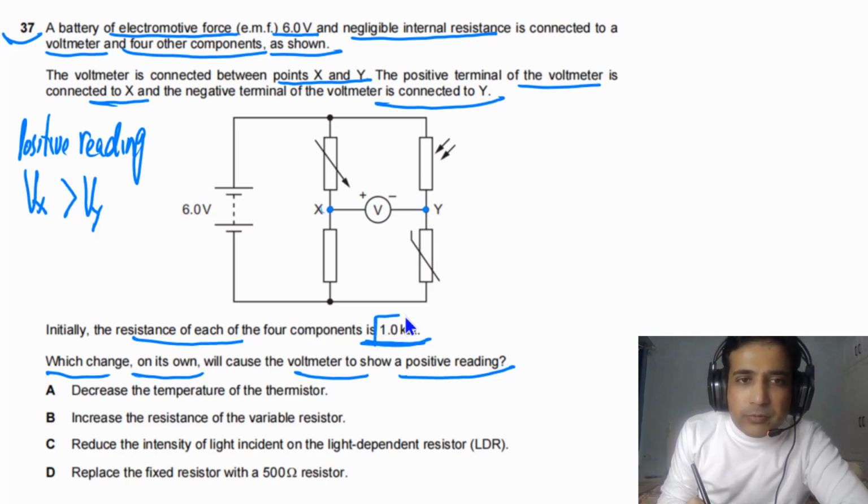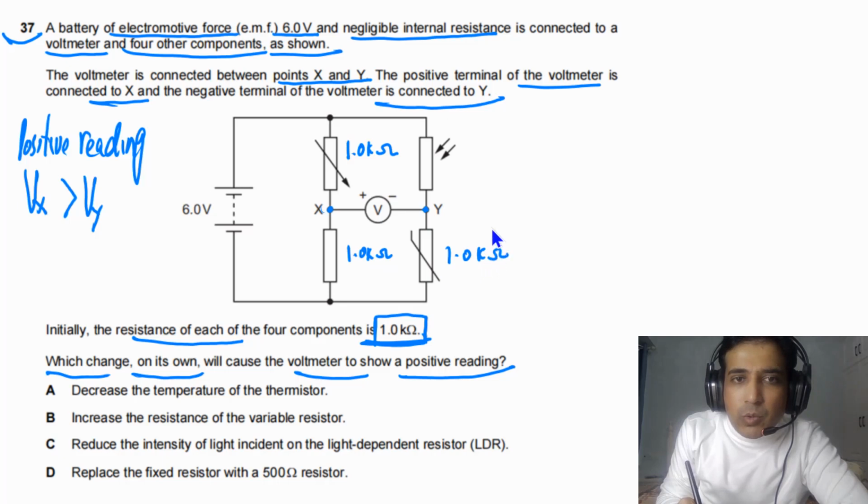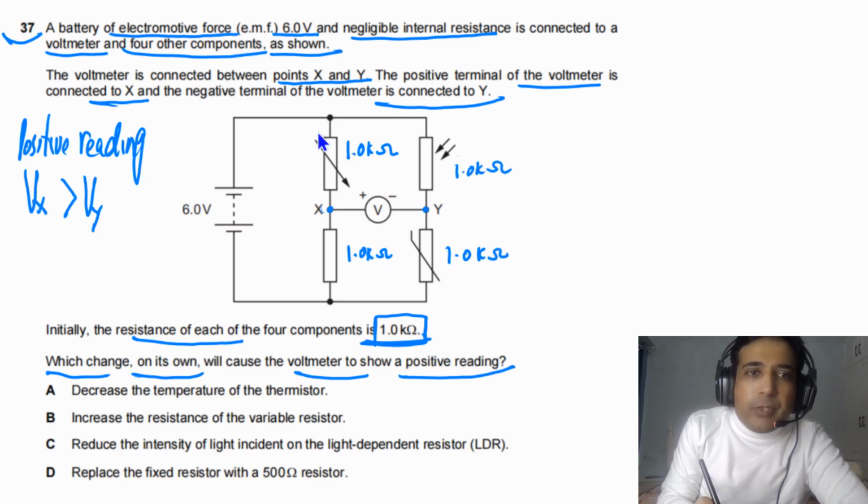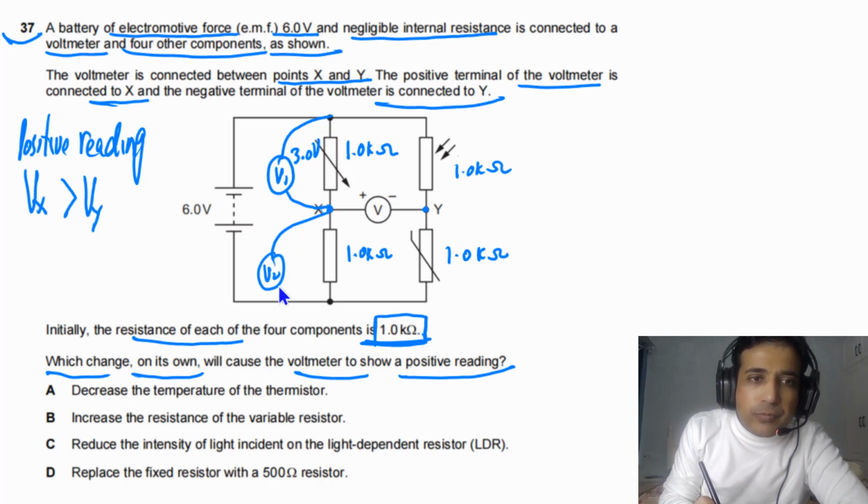And it is also given to us each component has same resistance. So this one has 1.0 kilo ohms. This also has 1.0 kilo ohms, and this also has 1.0 kilo ohms. Resistance of this one is also 1.0 kilo ohms. If we connect voltmeter V1 here, the reading on this voltmeter will be equal to 3.0 volts, and if we connect voltmeter V2 here, reading on this voltmeter also will be equal to 3 volts.